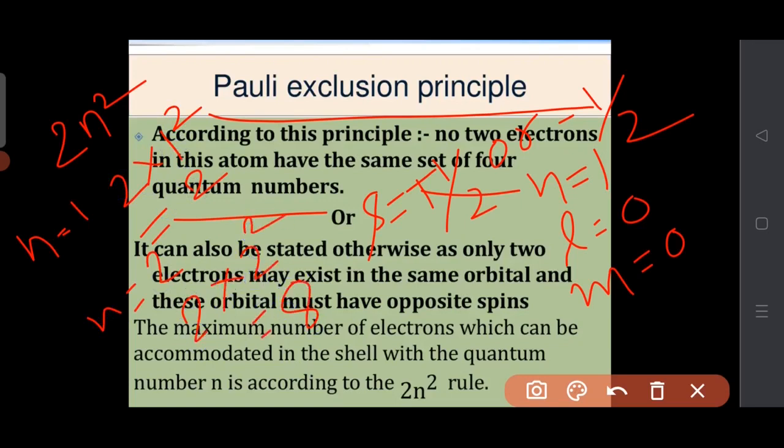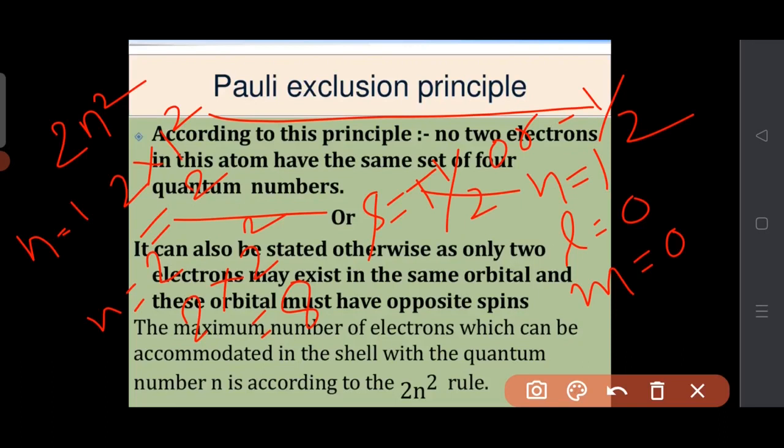So in this way we can use the 2n square formula, but it has some limitations. It indicates that 18 electrons can stay in one shell, but actually that is not possible. It will be divided into 3s, 3p, 3d. 3s will take 2 electrons, 3p will take 6 electrons, and 3d will take the remaining 10 electrons.